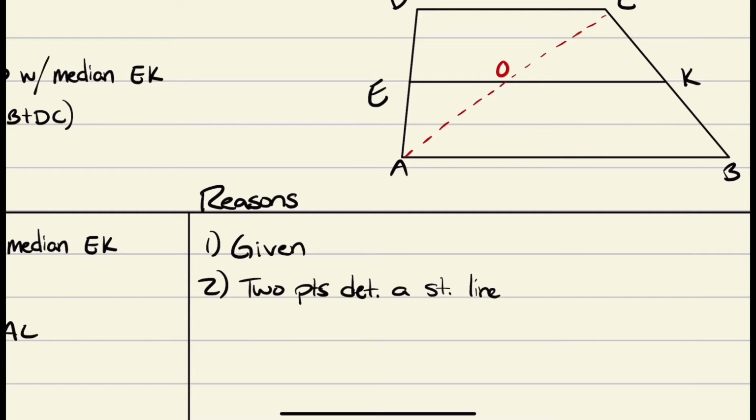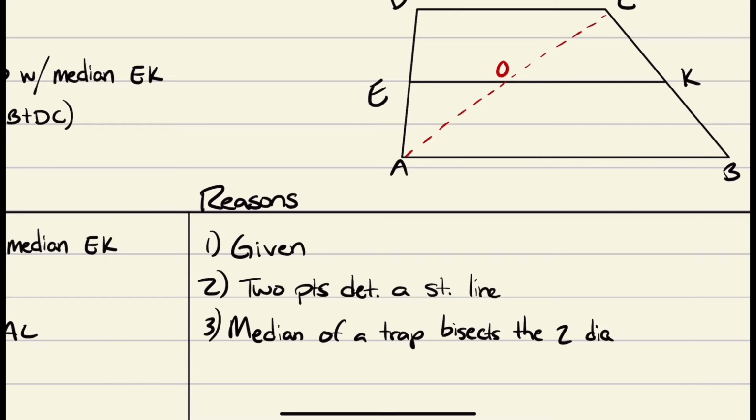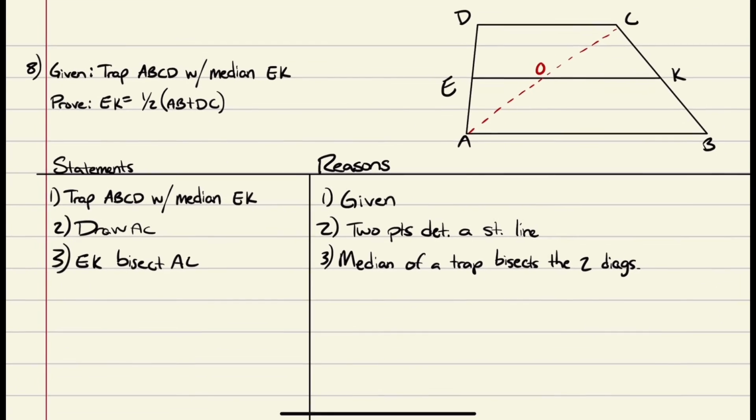I'm going to just state this, that the median of a trapezoid bisects the 2 diagonals. And obviously I only drew 1 diagonal, but it's true. It does bisect the 2 diagonals. If I were to draw this diagonal as well, it would bisect that. And so that would be true. Because, again, it's just another transversal going through these 3 parallel lines. And so there it is.